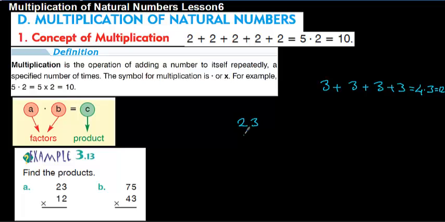23 times 12 is going to be equal to, here 2 times 3 is equal to 6, 2 times 2 is equal to 4, and you multiply 2 by 23, now 1 by 23. But when I'm writing the second part, when I multiply by 1, I'm not starting below the 6, I'm going to start one place to the left, and 1 times 3 is equal to 3.